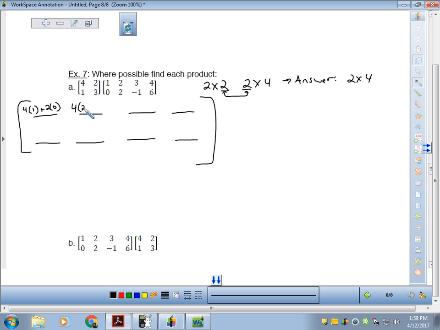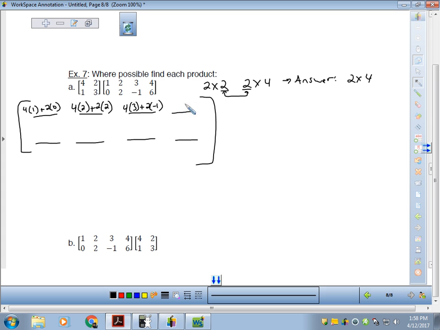So 4 times 2 plus 2 times 2. The next one, this is the first row, third column. So I'm going to take the first row, 4, 2, multiply by the third column, 3, negative 1. So I'll have 4 times 3 plus 2 times negative 1.